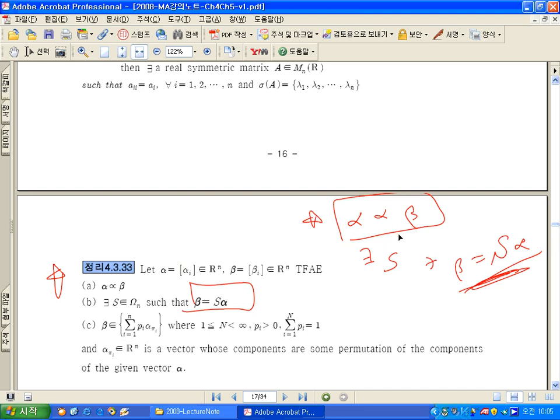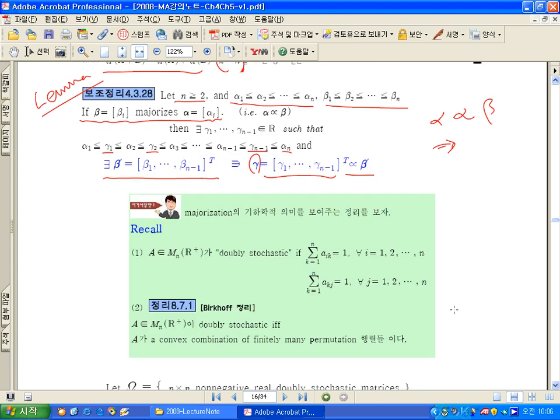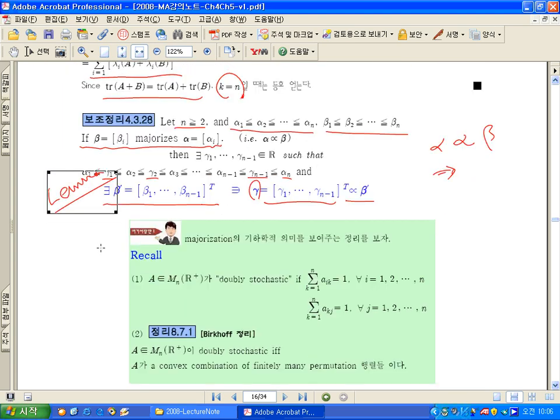Here we have a condition for the majorization, but it's hard to use this condition when we proceed with our argument. But from here, we can replace beta with S alpha in our argument. So we can proceed without much difficulty. That's why we had this lemma.